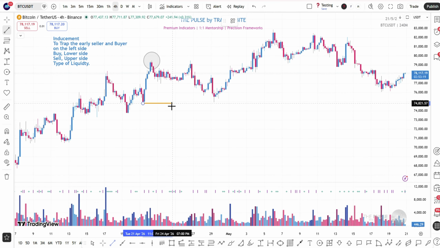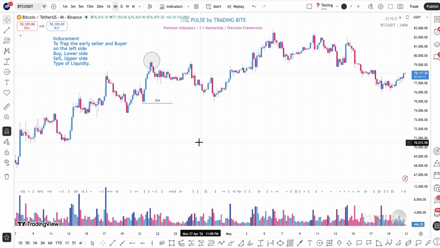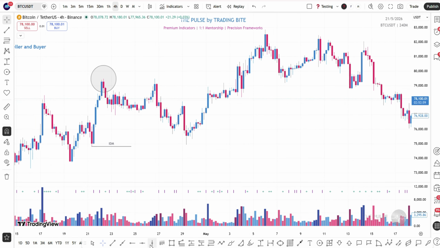This is our inducement point. But now let me ask you one question. If the very next candle is making an inducement, would it be a valid inducement?